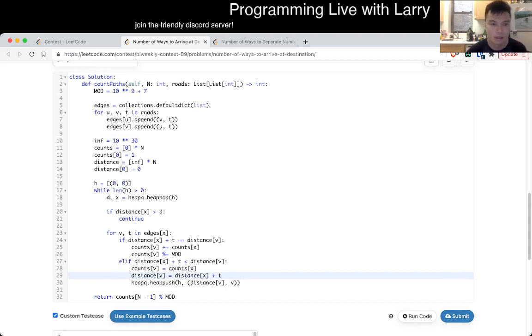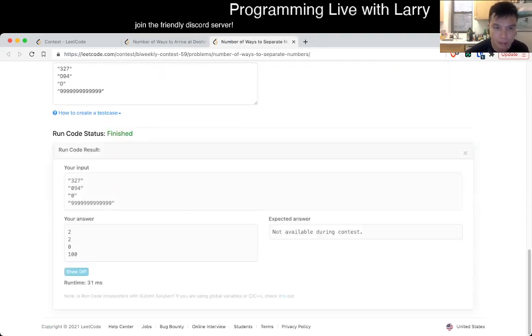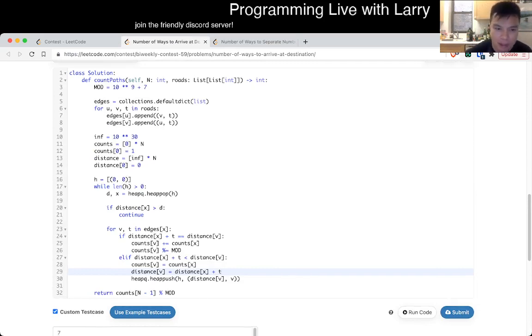We have no idea. Okay, I have to come back to it then. Let's see if I can do this one. But mostly on this one, because I don't even know how to debug this.